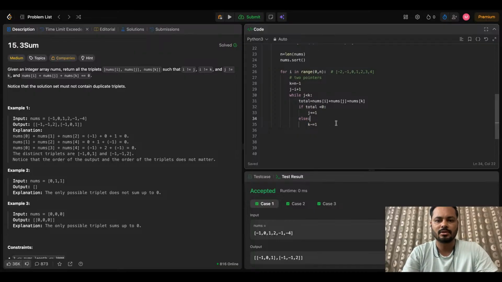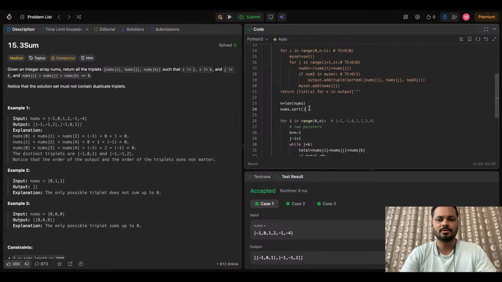Instead, what I'll write is elif total sum is greater than 0, k minus equals 1. Else, I have to append. So I just take result is equal to this.